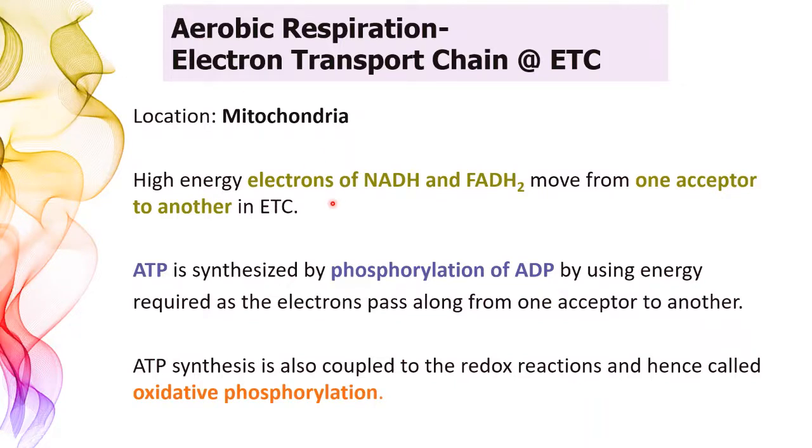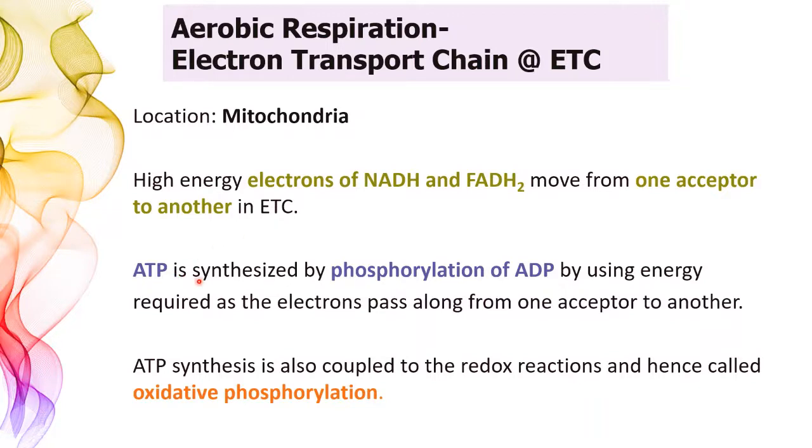As NADH and FADH2 arrive from glycolysis and also Krebs cycle, their high energy electrons will be transferred to the electron transport chain, and they will move from one acceptor to another acceptor, which means there is a series of reduction and oxidation that happen in the electron transport chain.